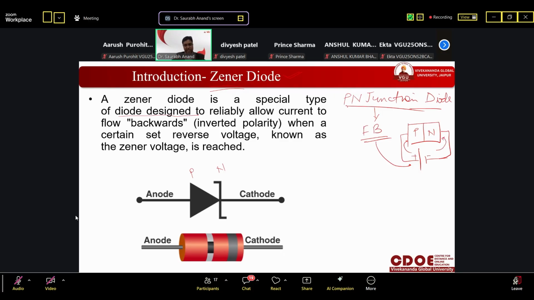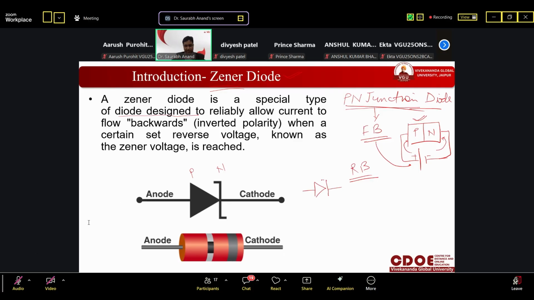The PN junction diode works in case of forward bias only, but this diode works in reverse bias.